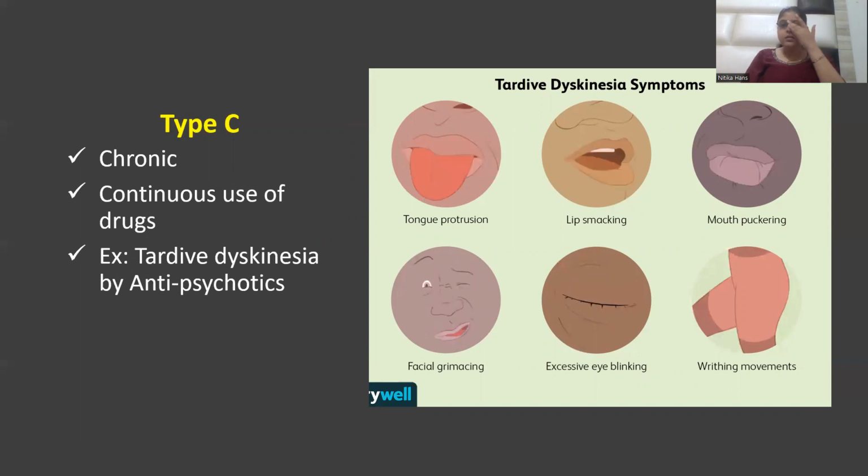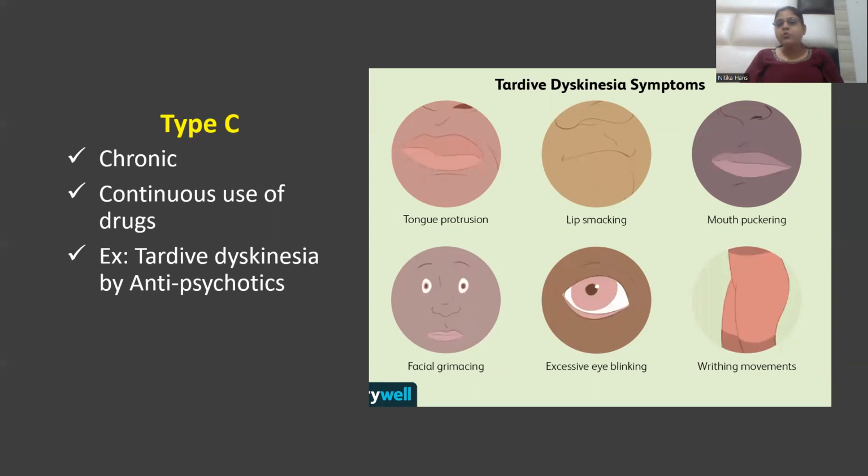All these drugs, risperidone, these drugs produce tardive dyskinesias, which is the chronic effect that comes after a longer period of use of the drug. Like there can be trunk protrusion, lip smacking, mouth puckering, facial grimacing, excessive eye blinking, and breathing movements. These are the tardive dyskinesias by antipsychotics.